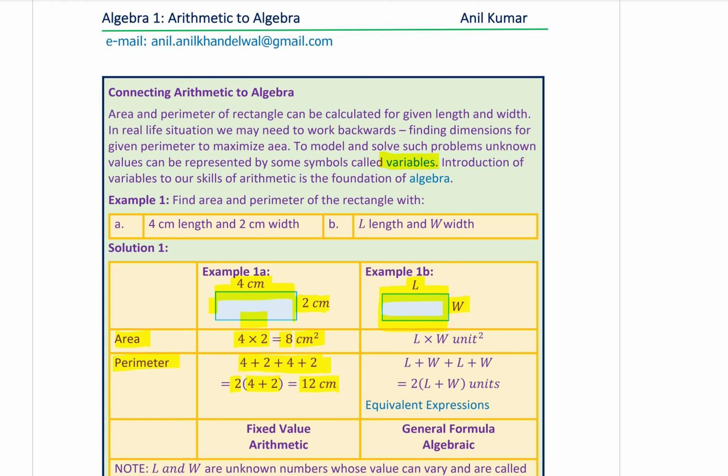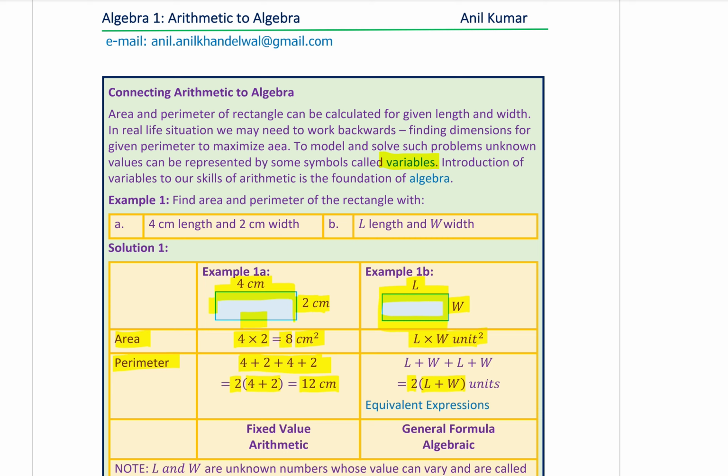In that case, area will be their product, length times width, right? And the perimeter will be twice the sum of length and width. And so we have a rule which we are going to call a formula, right? So we have a formula for area, which is the product of length and width, and a formula for perimeter, which is twice the sum of length and width.